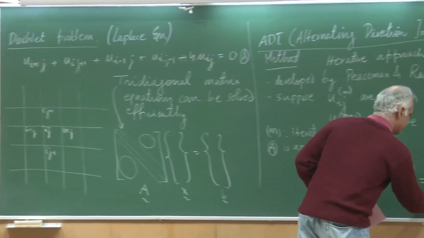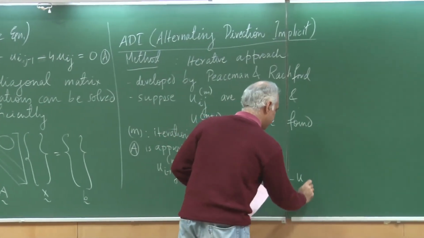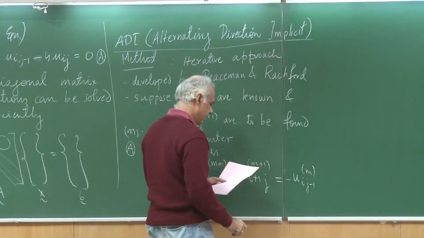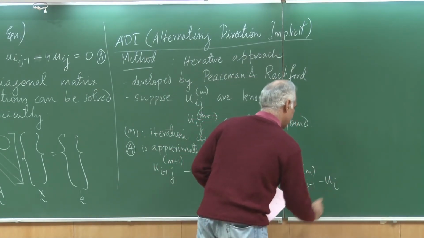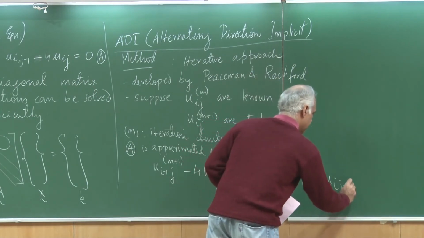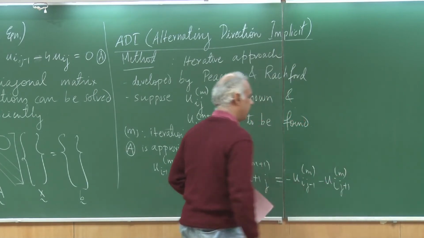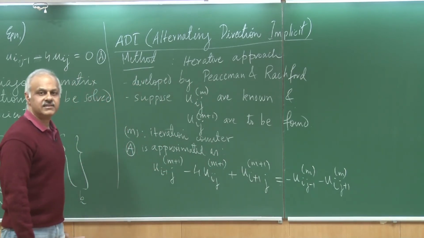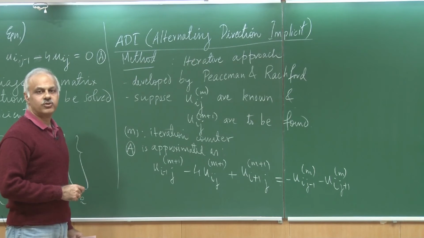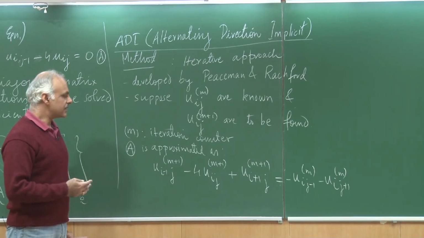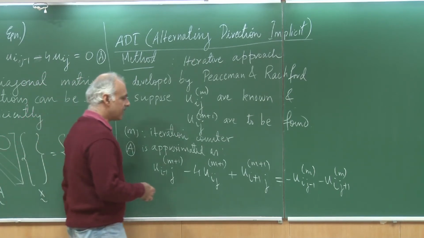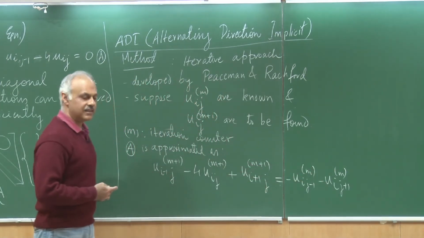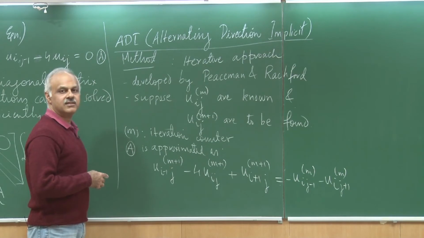So these I am going to simply write as minus u(i,j-1) at the level m minus u(i,j+1) at the level m, and therefore I would get a tridiagonal system, and this is fairly easy to solve. Of course, in the real matrix, all these were supposed to be at the same level, and therefore they should have been solved together.